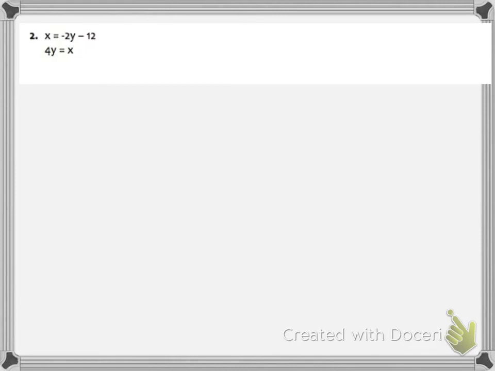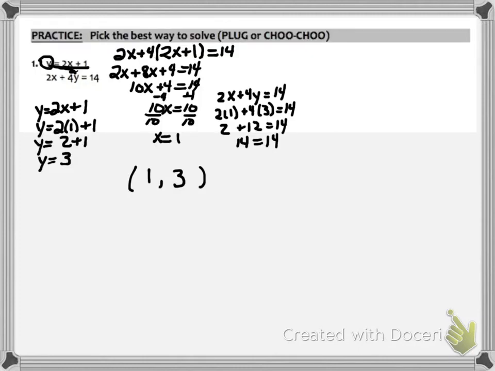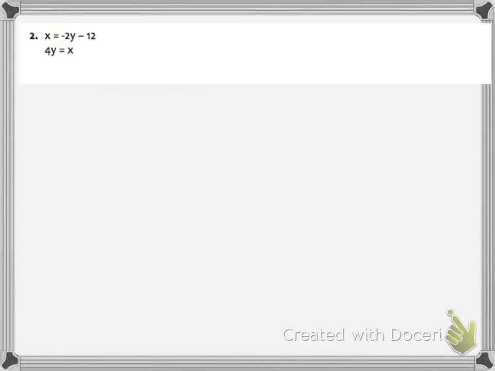In this problem, we have x equals negative 2y minus 12 and 4y equals x. Now in this case, I know what x is. So therefore, I'm just going to set them equal to each other, and I'm going to get the equation that 4y equals negative 2y minus 12.